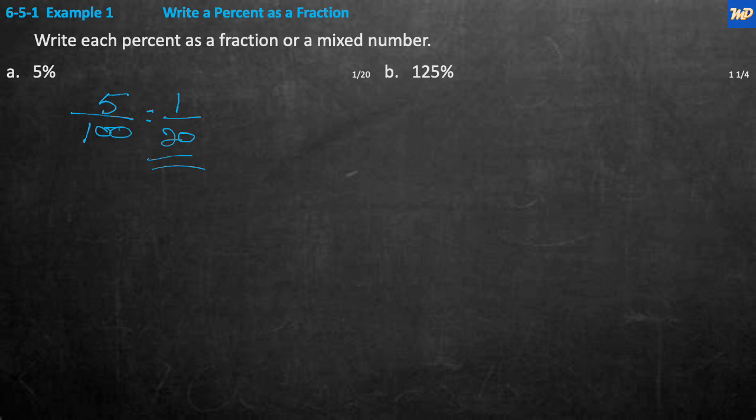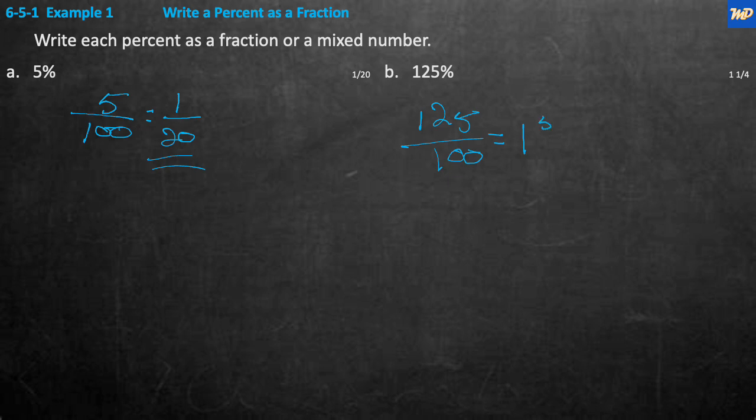How about B? 125 divided by 100. There's your fraction. That's the percent written as a fraction. We're going to divide 100 into 125, and we get 1 time with 25 remaining.